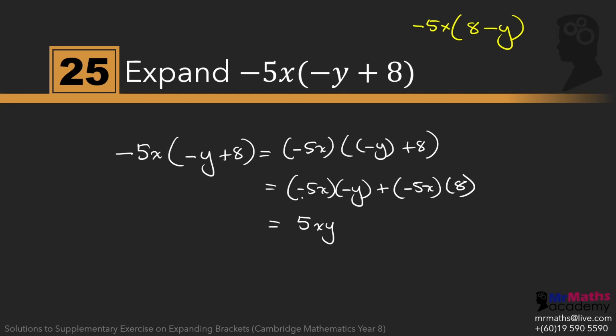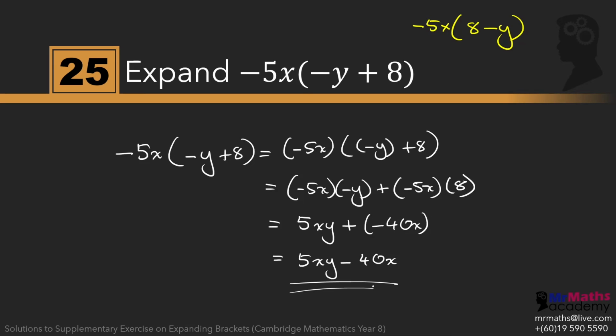And remember, because this is minus 5 and minus y multiplied together, two minus expressions multiplied together becomes plus. And then plus minus 5 and 8, so that is minus 40x. So the answer is 5xy minus 40x, because plus and minus meeting together becomes a minus.